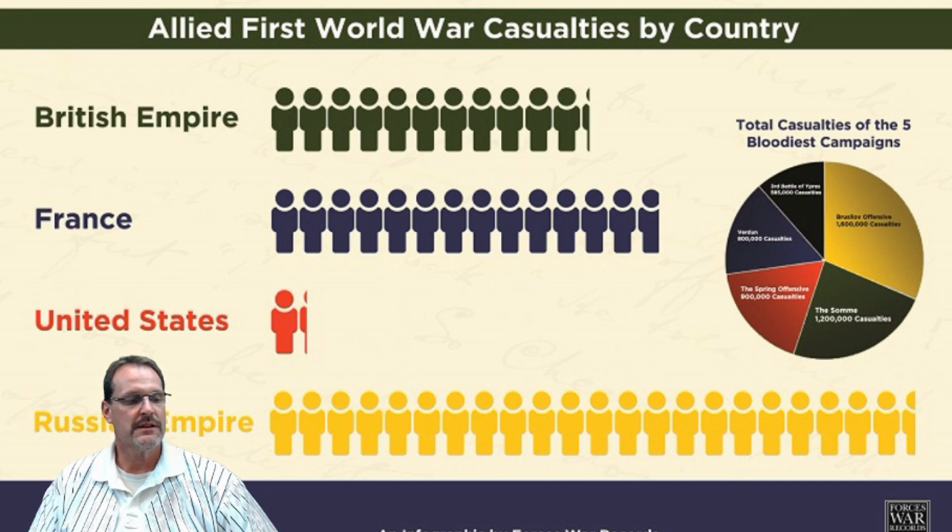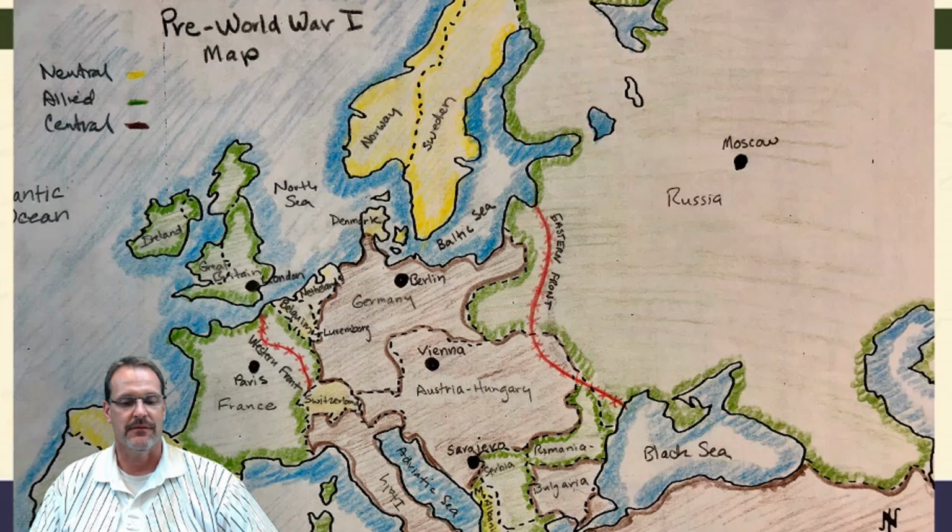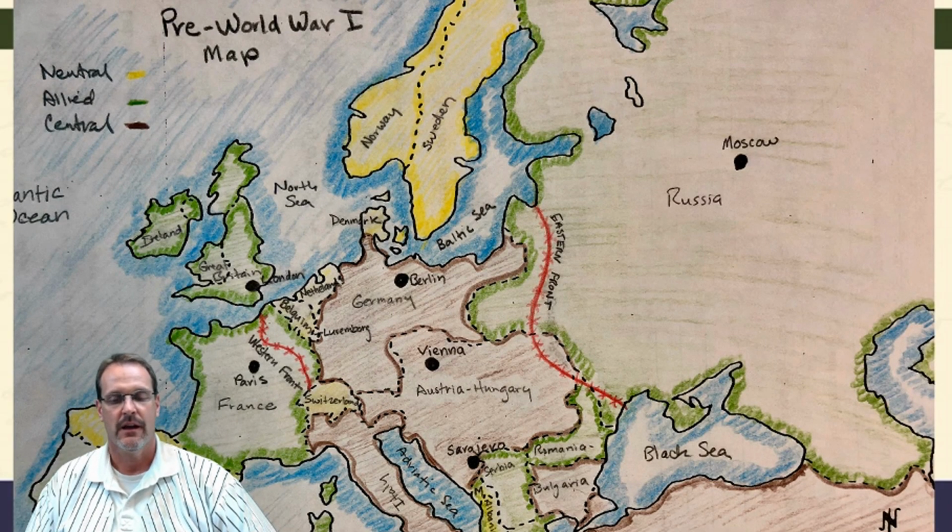Now, the war itself was becoming increasingly brutal because of the stalemate that occurs at the Western Front. I'm going to go back to the pre-war European map because I have some important graphics there.